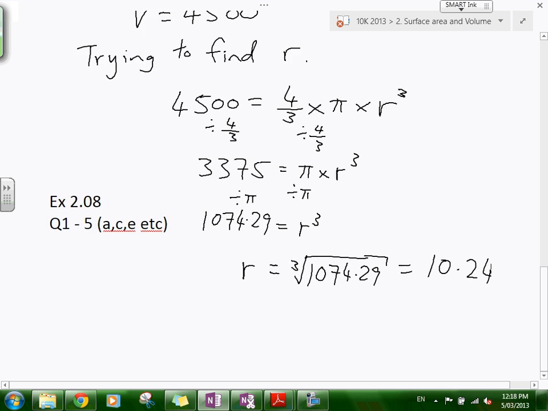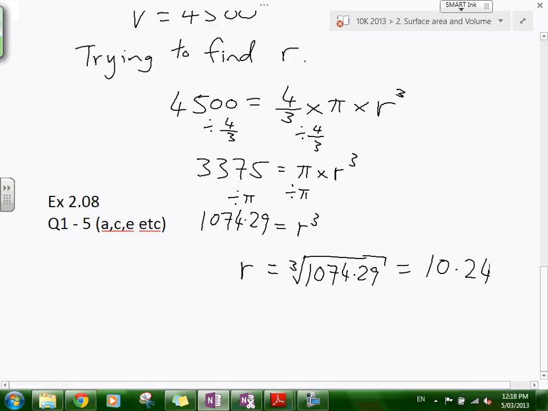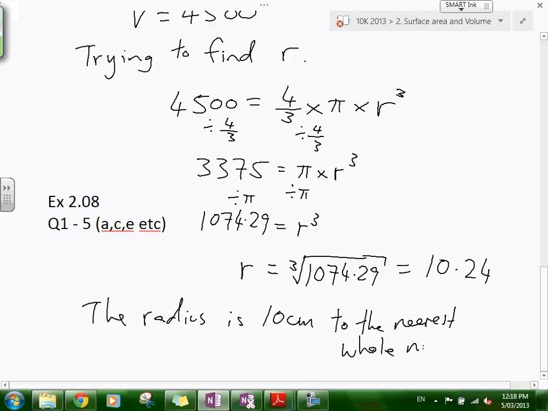What's the nearest whole number? Okay, so the radius is 10 centimeters to the nearest whole number.